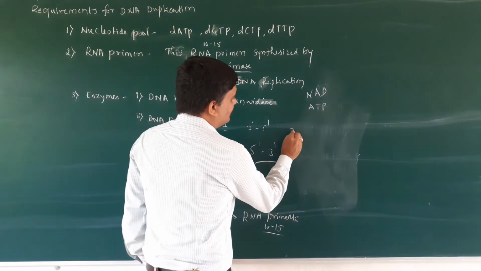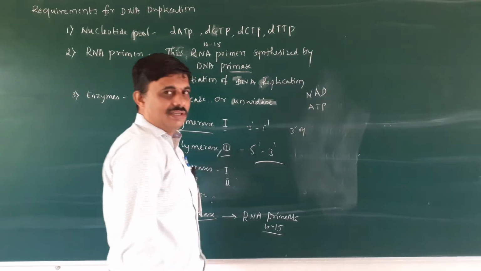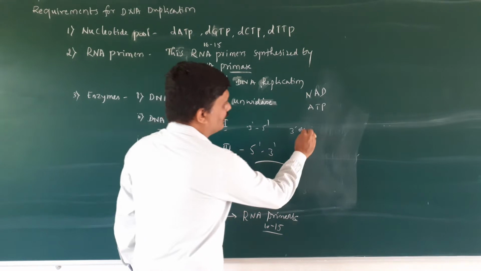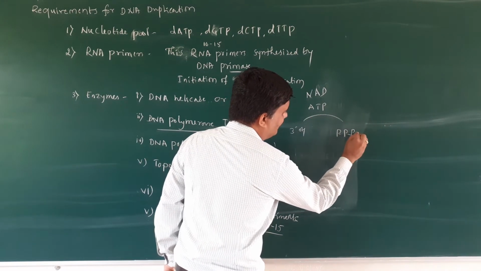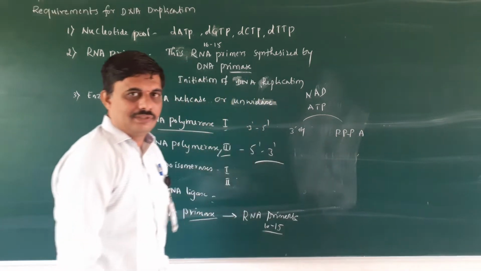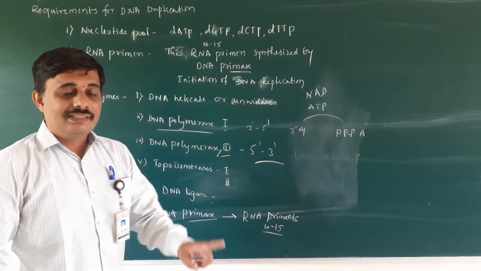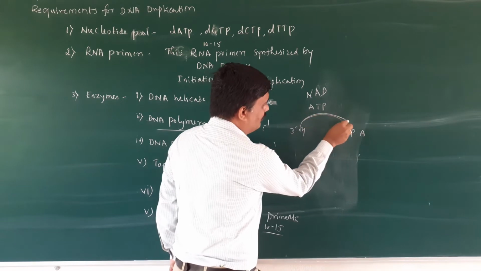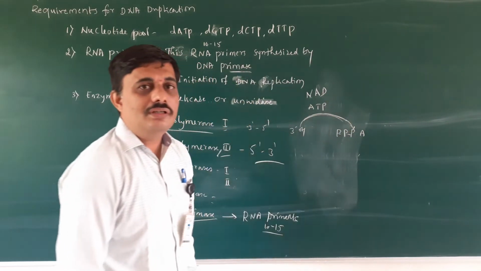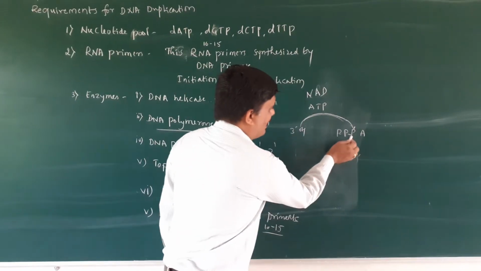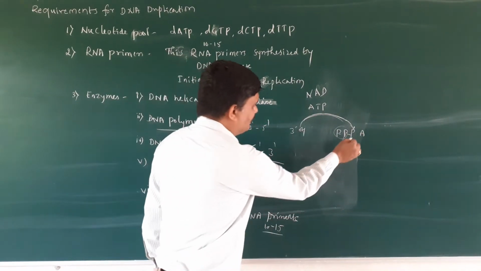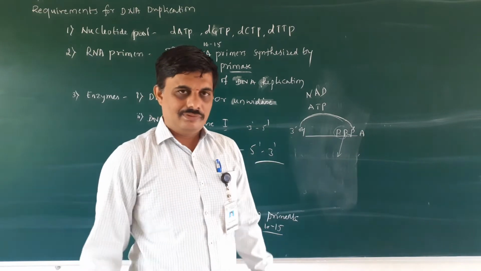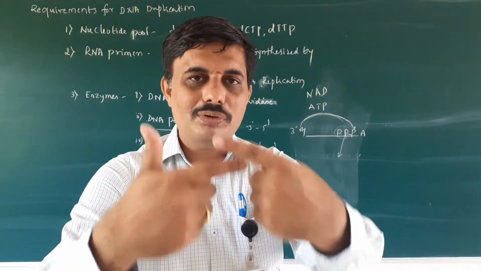What it does is a nucleophilic attack. The 3' OH group of one nucleotide makes a nucleophilic attack on the interior phosphate of another nucleotide, so that pyrophosphate is released. The phosphate of one nucleotide and the 3' OH of the other get joined, so that the phosphodiester bond is formed.